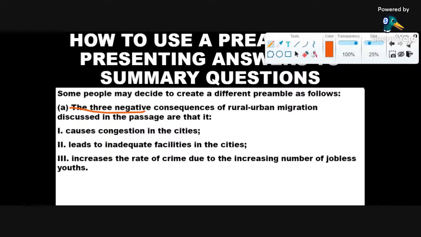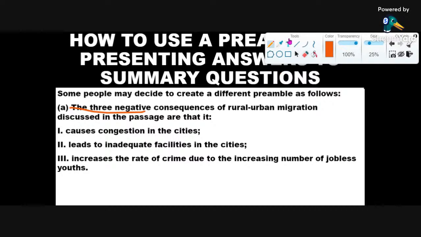You give half instead of full marks. And the reason is that when you look at the answers, you look at I, causes congestion in cities. It's not a sentence. This is a phrase. Causes congestion in cities. It's a phrase, because one thing is missing.